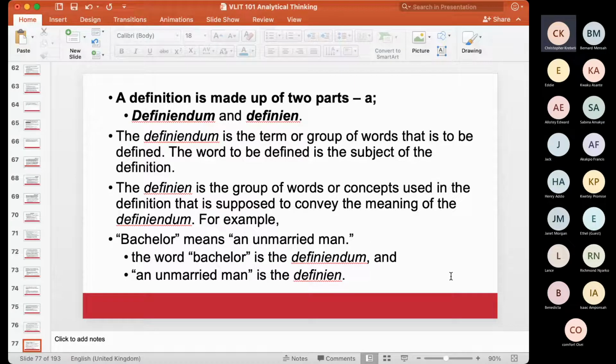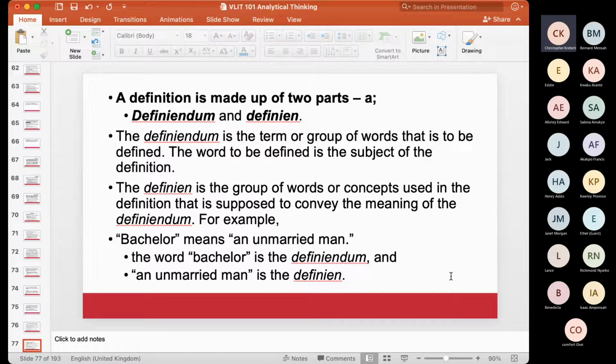Please, you can pronounce it wherever you are, silently at your side. Don't unmute yourself before doing that. So one part is called definiendum. You can pronounce it definiendum. And the next part is called definien. So every definition has 2 parts, and the names for the 2 parts are what I have just iterated.